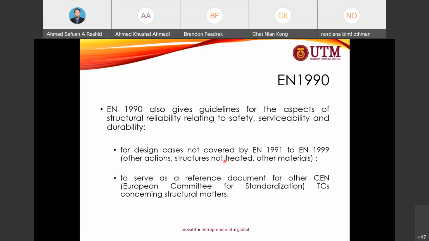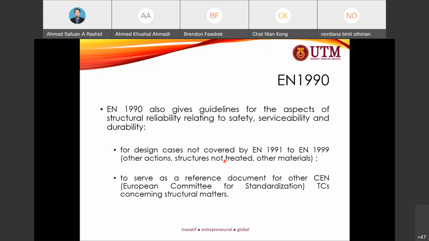Eurocode 1990 also gives guidelines for the aspects of structural reliability relating to safety, serviceability, and durability, for design cases not covered by Eurocode 1991 to 1999, where other actions and other materials are not treated.